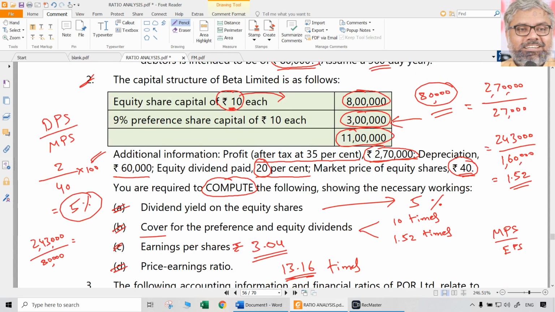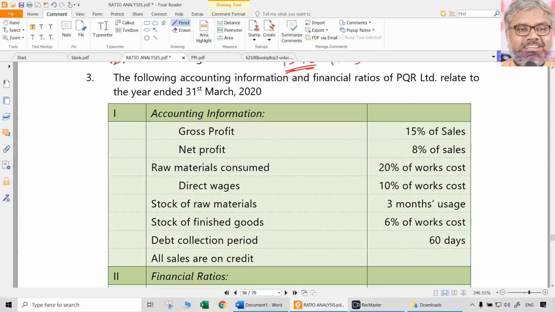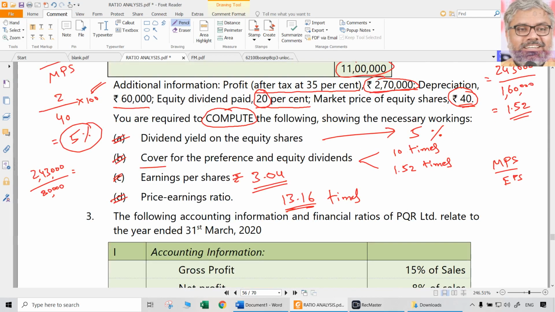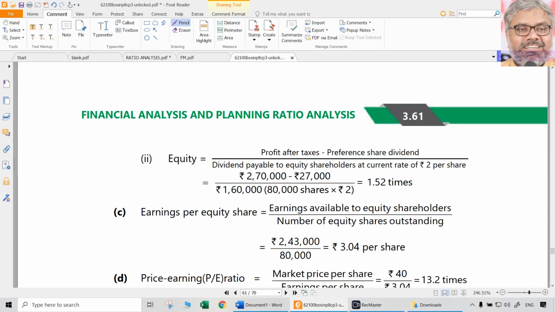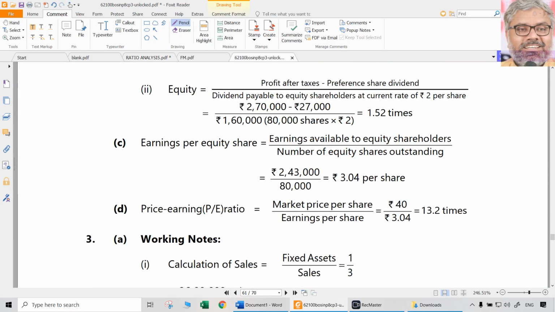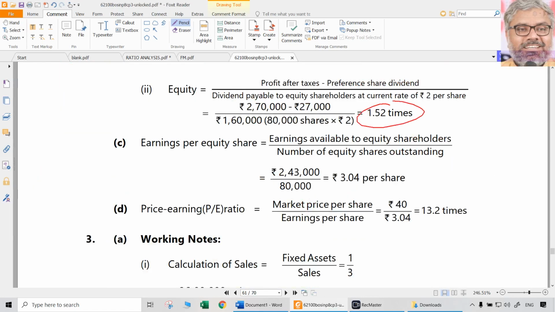Let us check the answers. The first answer is 5%, that is the dividend yield. Then the second answer: preference dividend coverage ratio is 10 times and equity dividend coverage ratio is 1.52 times.